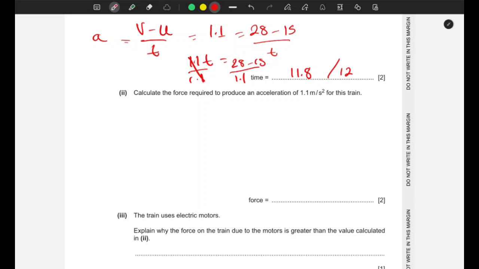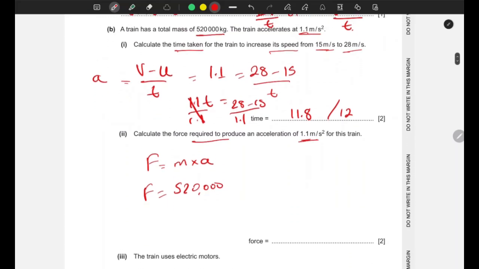Part 2. Calculate the force required to produce an acceleration of 1.1 meters per second squared for this train. Okay, so for this one, we use the formula for force. So we know that force equals mass times acceleration. So our force would be, our mass is 520,000, I believe.